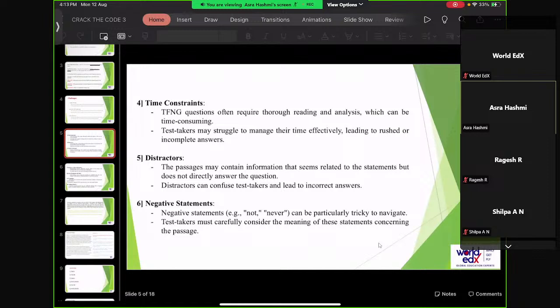Now, there's a very subtle difference between may and will. May means it may happen, it may not also happen, but will means it's a sure shot that it will happen. So very subtle differences, very little words can change the meaning of the whole statement, and you are supposed to read it very carefully.